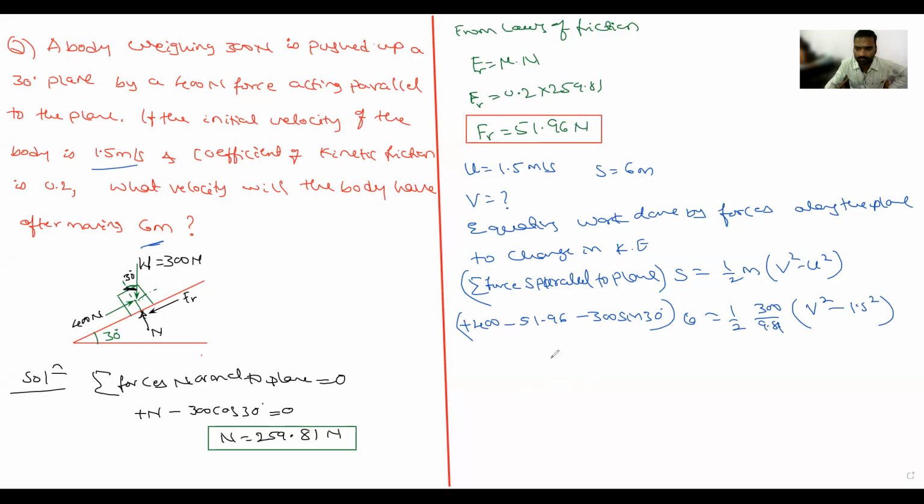Multiply by 2 into 9.81 divided by 300. I am getting 77.71 is equal to V square minus U square, 1.5 square. Is it correct? Check it. So the final value, tell me the V value.